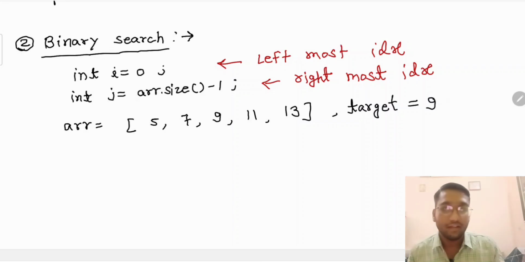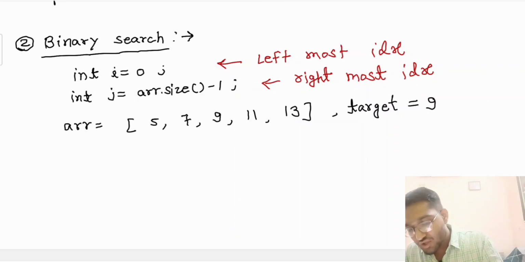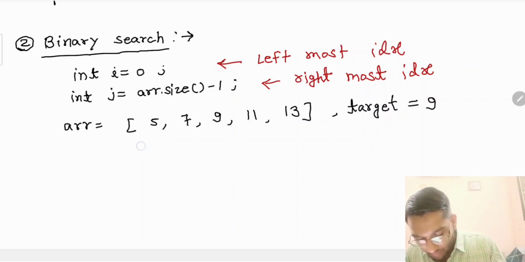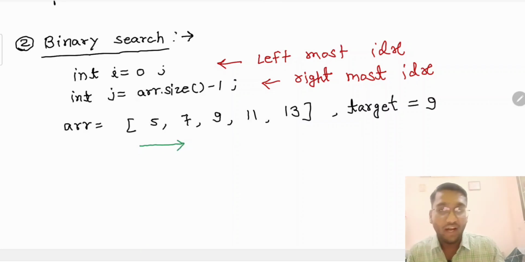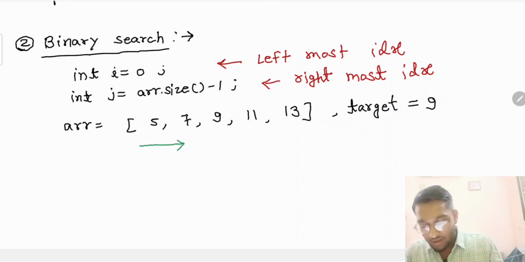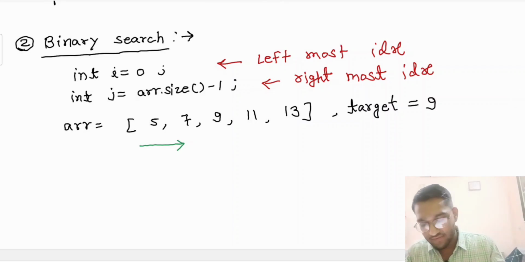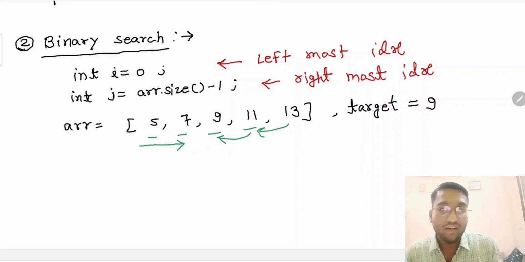First of all, this array is sorted. The array is sorted means that if we move from the left part to the right part, the elements are going to increase. For example, 5, then 7, then 9, then 11; 11 is greater than 9, 13 is greater than 11, and so on.